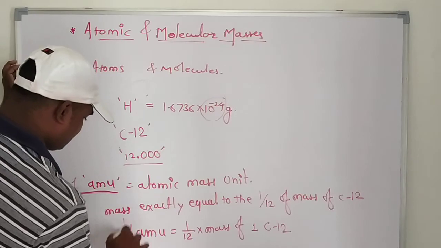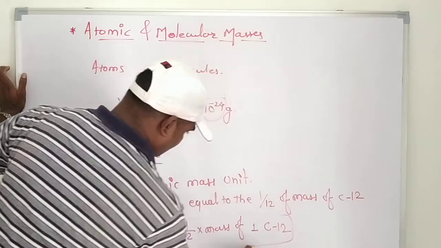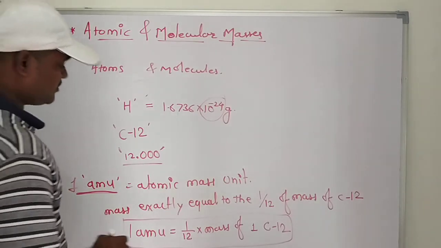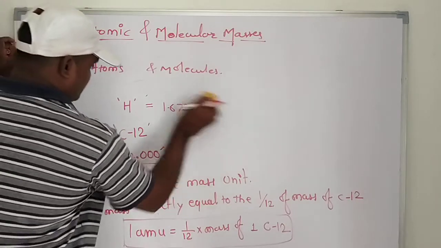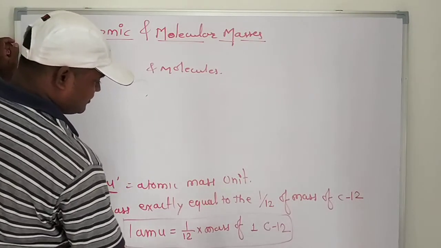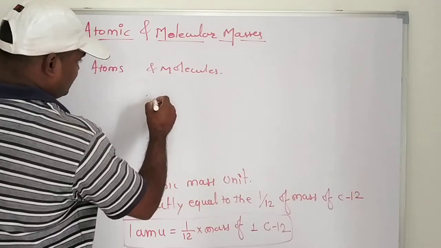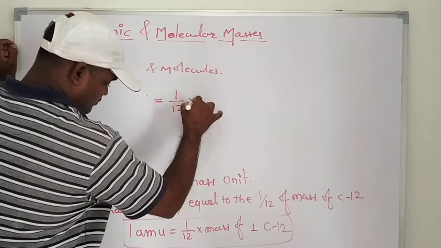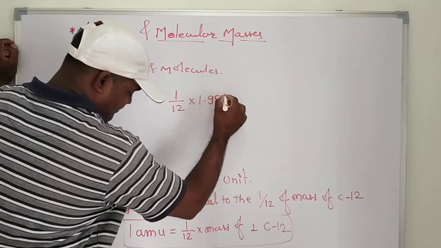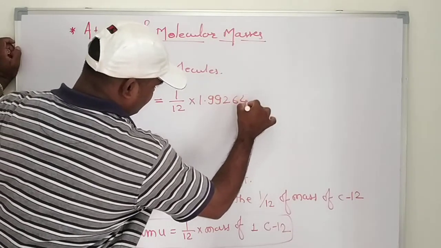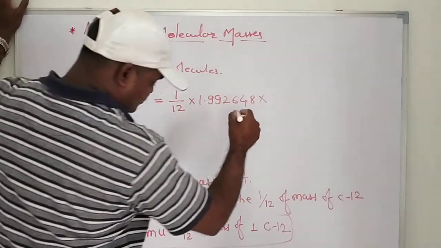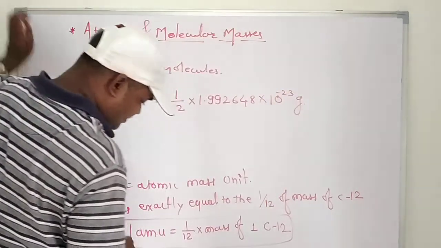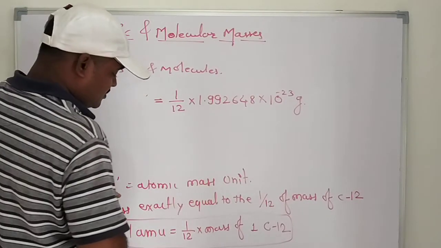This is the formula by which we can calculate 1 AMU. And students, one thing you have to keep in mind: what is the mass of 1 carbon 12? It is equal to 1.992648 into 10 raised to minus 23 gram. So 1 AMU is 1/12 of that value.